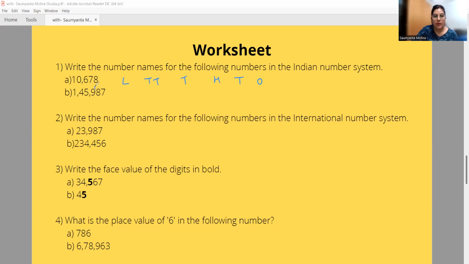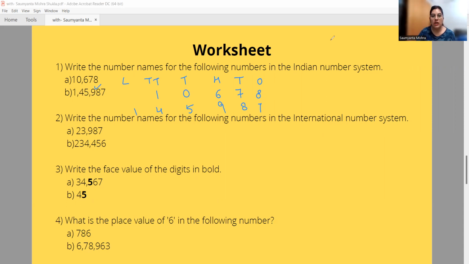So the first number will come under 1, 0, 6, 7, 8. So this number will be read as 10,678. The second number can be written as 1, 4, 5, 9, 8, 7. So this number will be read as 1,45,987.